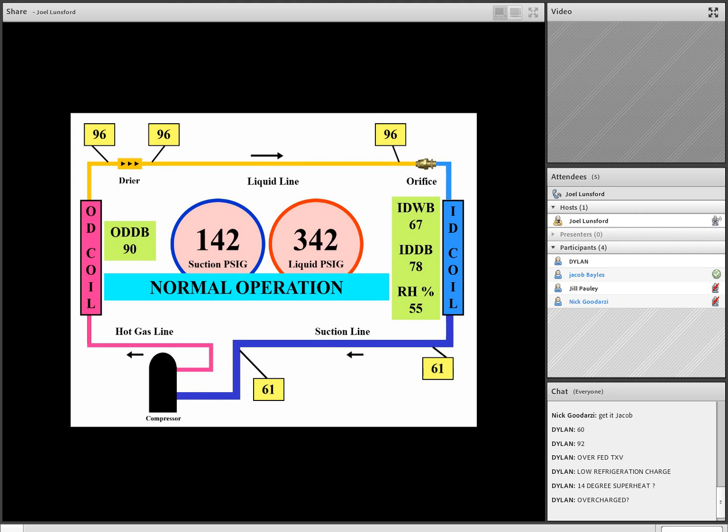You clean the coils, change the filter, check electrical connections and all that stuff. But if I get in a situation like this and everything looks good after I've done my clean and check, if it looks normal, it is normal if it's running normal. So we need to recognize normal as well. Any questions on that?